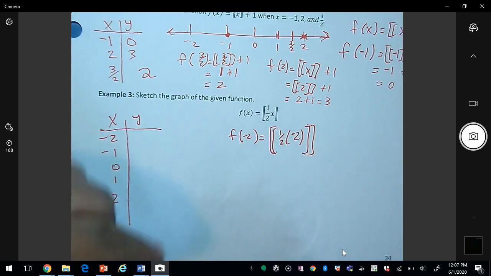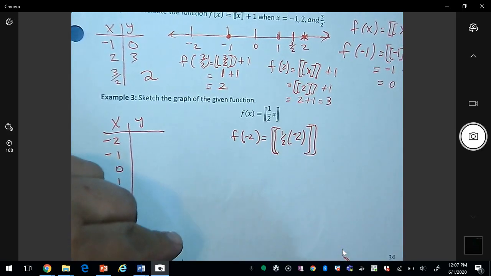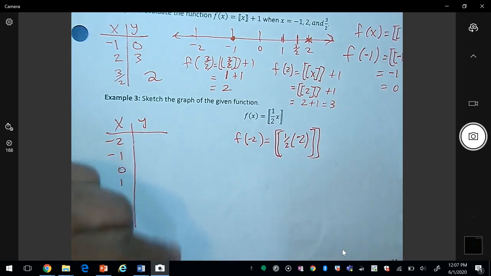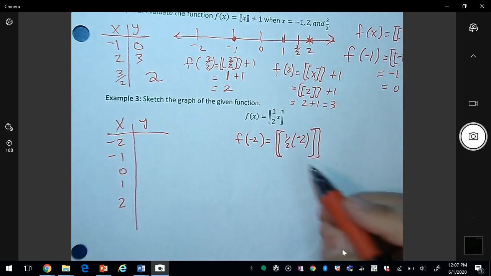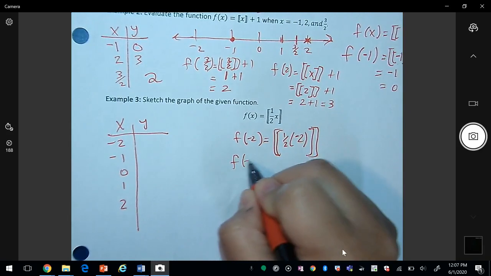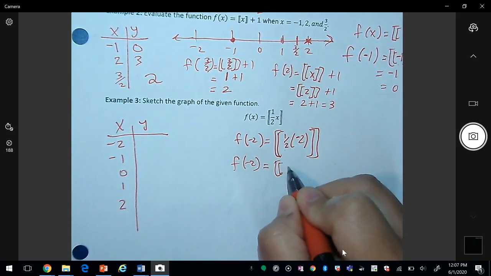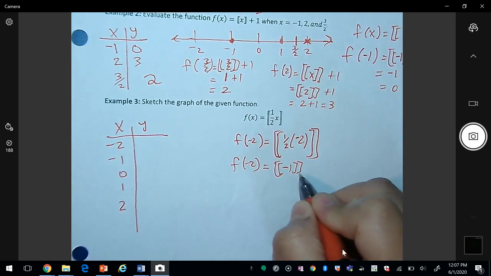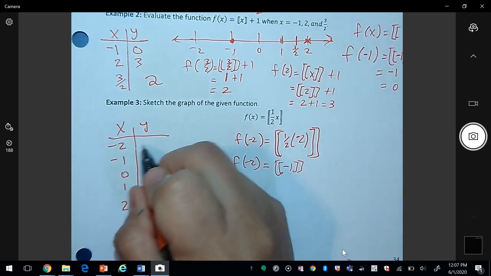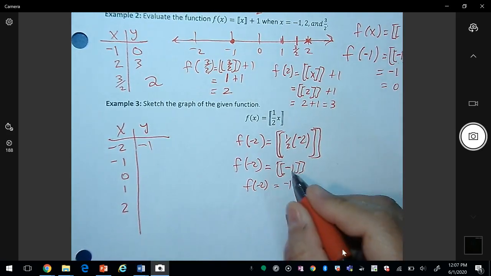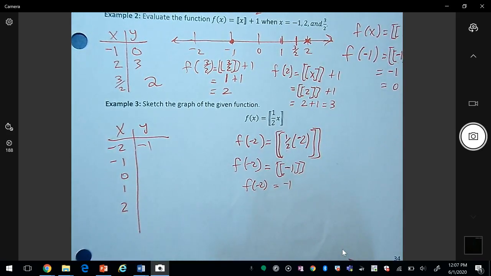And I'm going to go ahead and use a number line again, just so that we can see the numbers. -2 is going to give me 1/2 times -2, which is -1. So that comes out to -1, since -1 is already an integer.